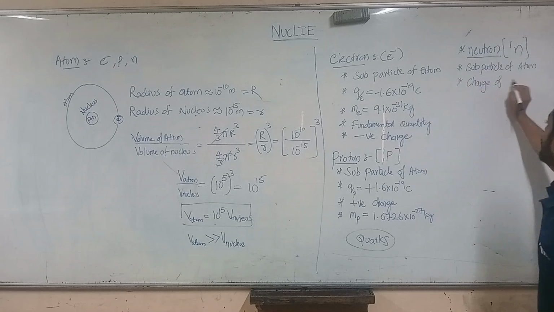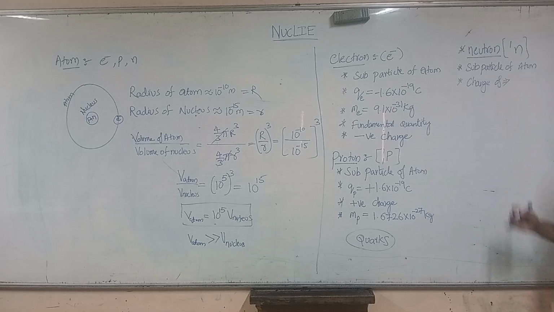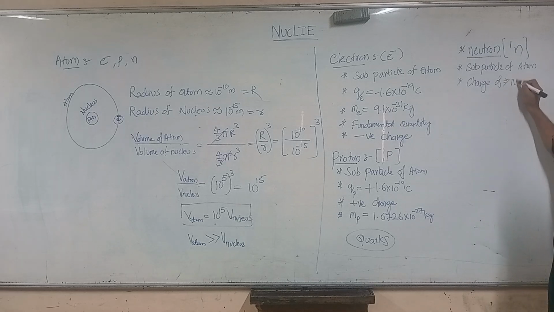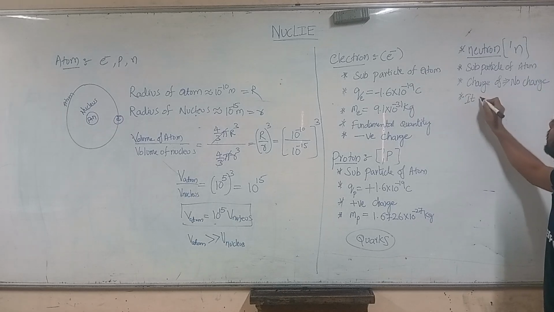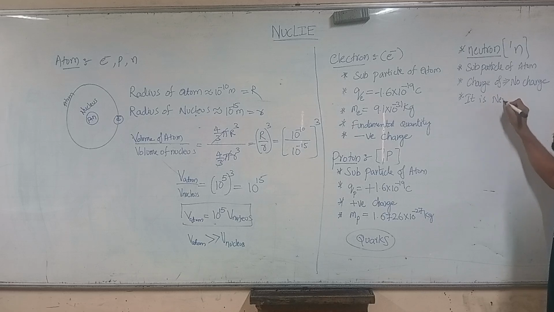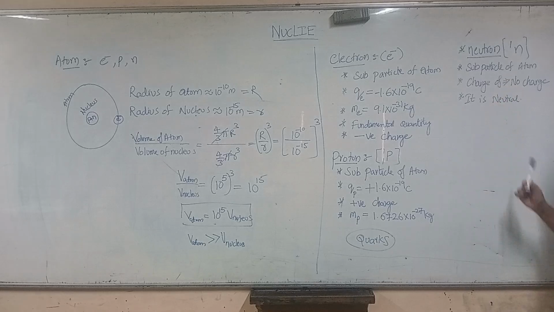The charge of the neutron is neutral. There is no charge. It is neutral. So the neutron has no charge.